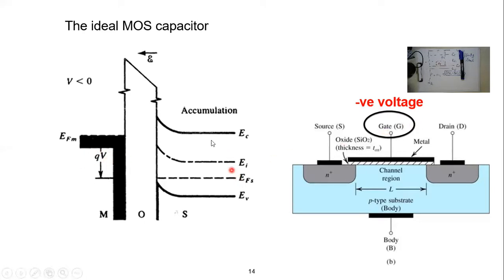So if I plot this energy band diagram and ask you whether this is under thermodynamic equilibrium, you will simply say no, because EFS and EFM are not horizontally aligned. The shifting value between EFS and EFM is proportional to the applied voltage, which is this negative voltage.